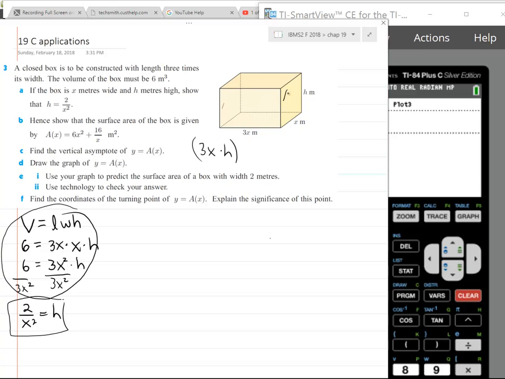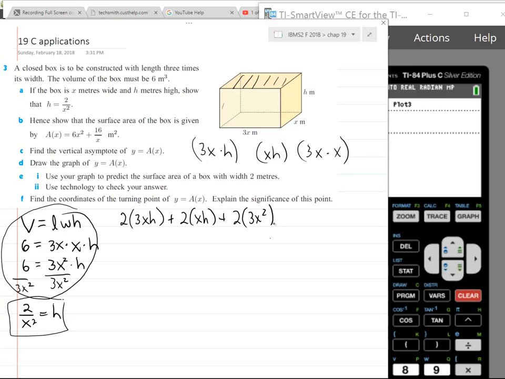Then there's the side, which is x by h. And then there's the top, which is 3x by x. And there's 2 of each of those sides. So we're going to have 2 times 3xh plus 2 times xh plus 2 times 3x squared.